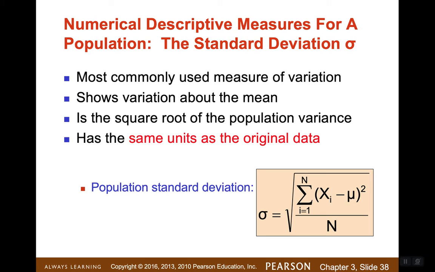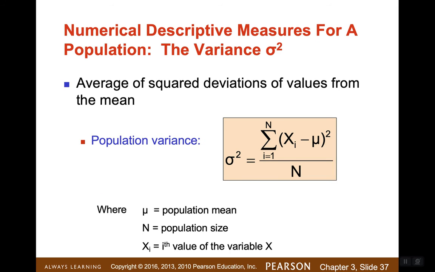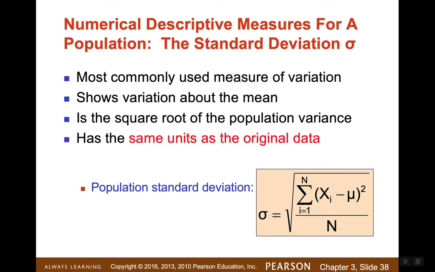It gives us a measure of the variation around the mean. So it's the square root of the population variance. The standard deviation squared is the variance, and the square root of the variance gives us the standard deviation.